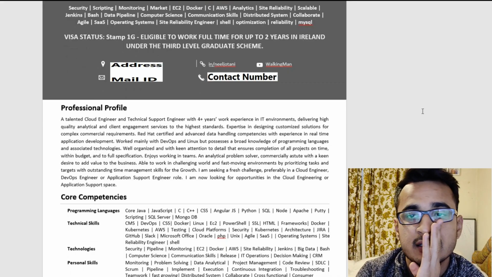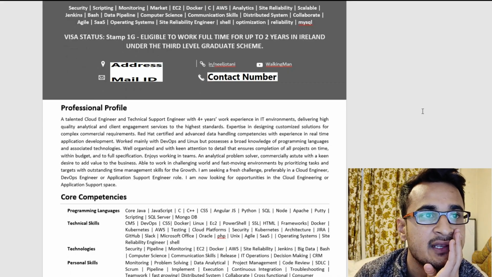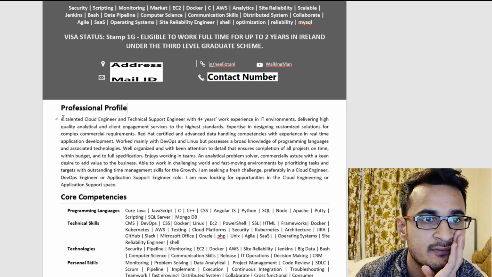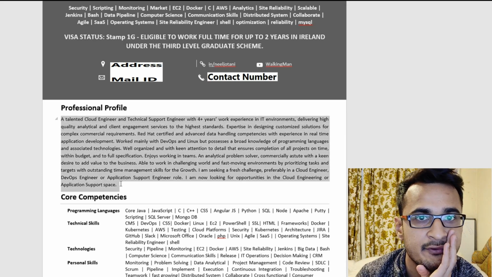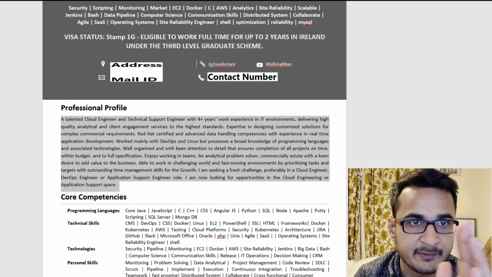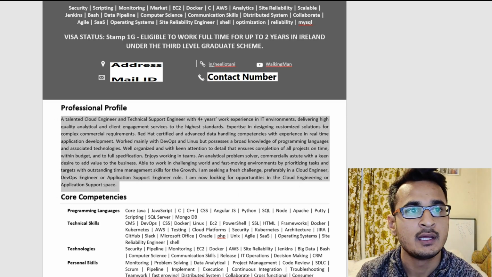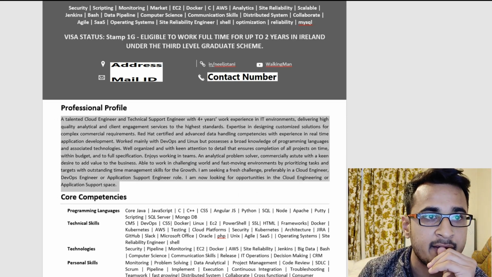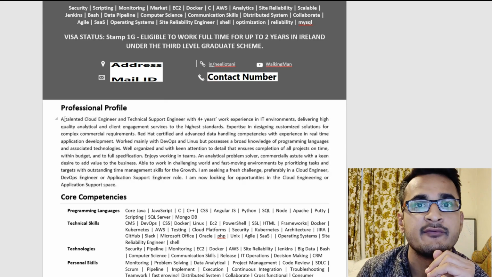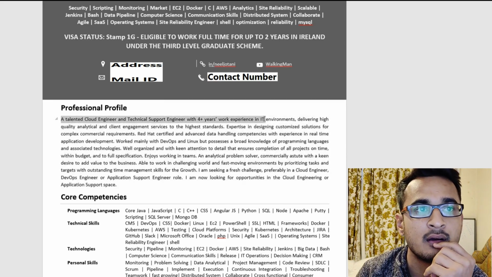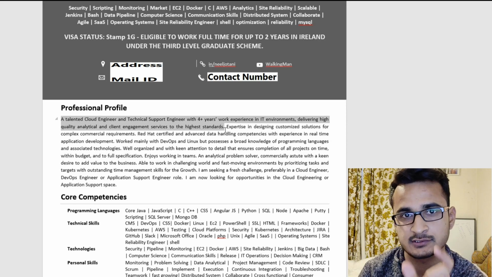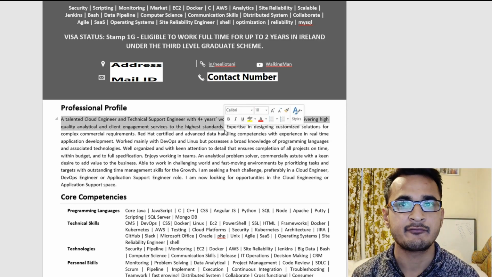And this particular part, the professional profile, is really important, because this gives a summary of your skills, experience, or anything you have. So your first line should be a very short summary of your entire work.